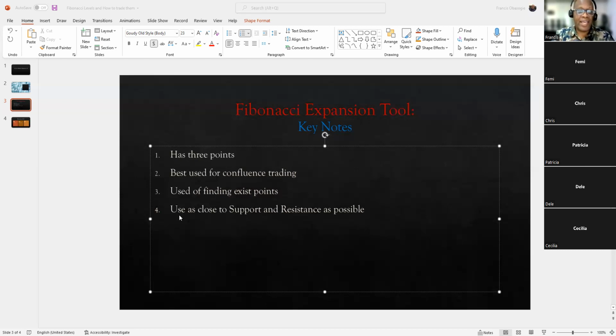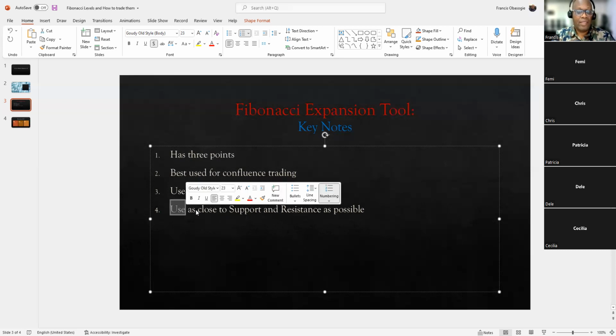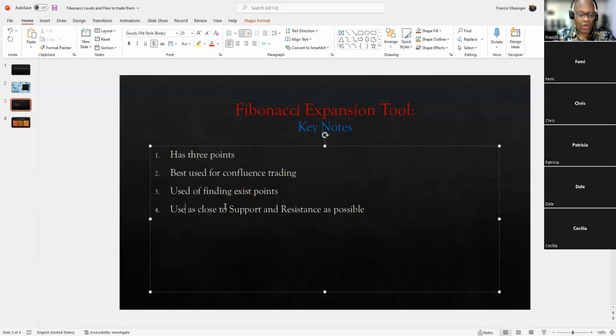And finally, it says use as close to support and resistance as possible. Let's say use or apply as close to support and resistance as possible.